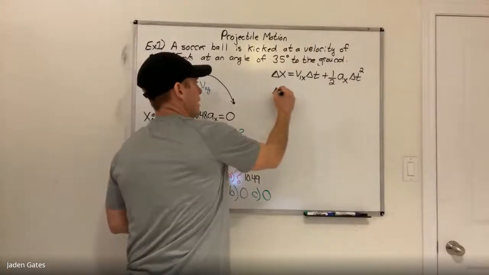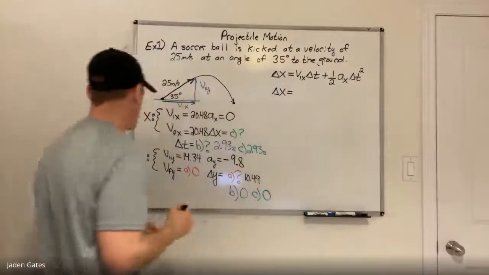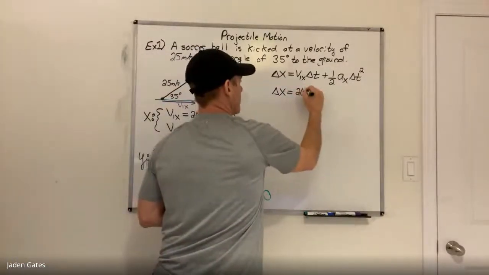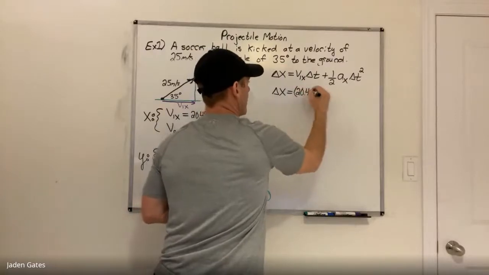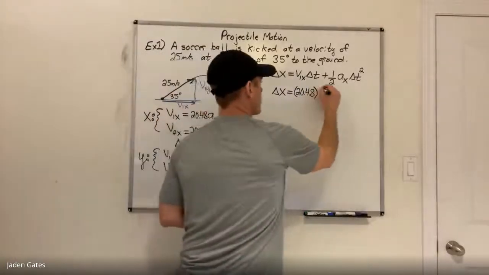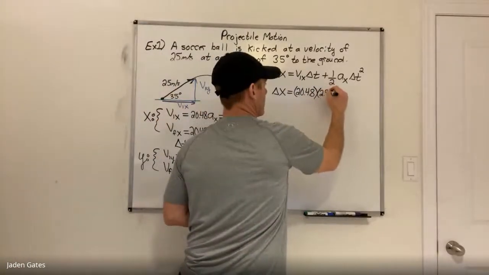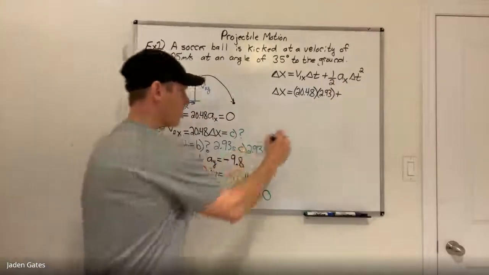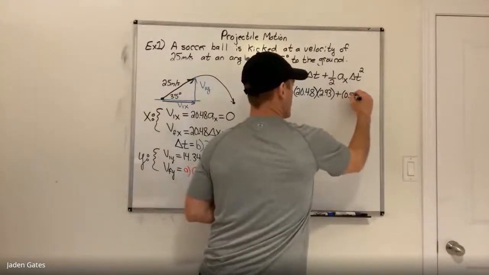So we got delta x is equal to, let me see, v1x is 20.48 times delta t, 2.93 seconds before it hits the ground. All right, plus half again, convert that fraction to a decimal.